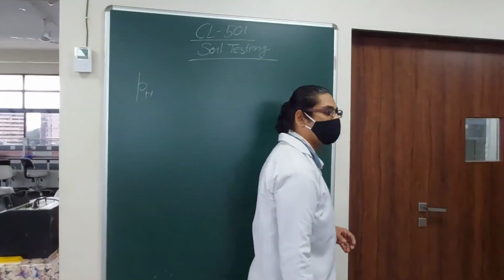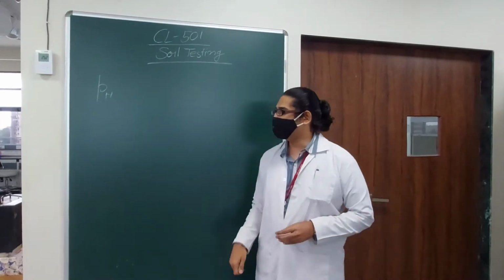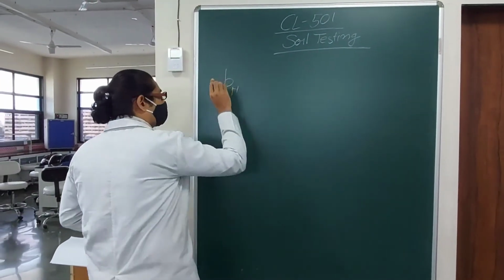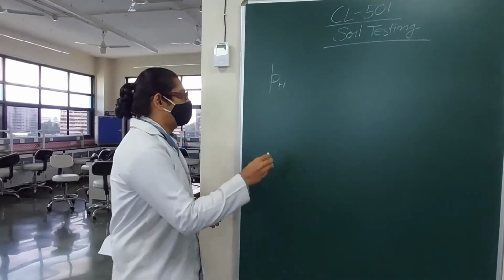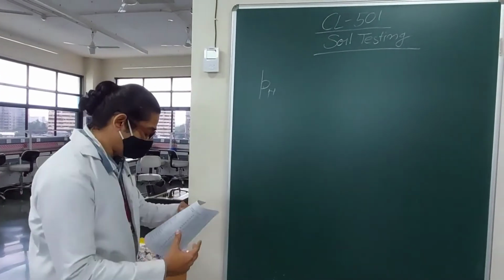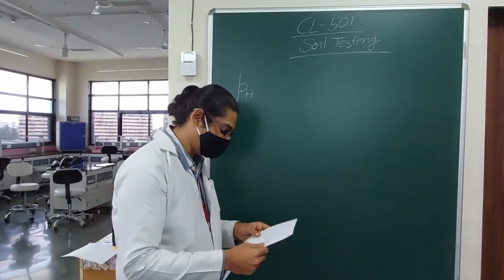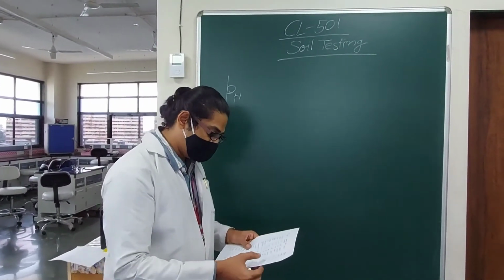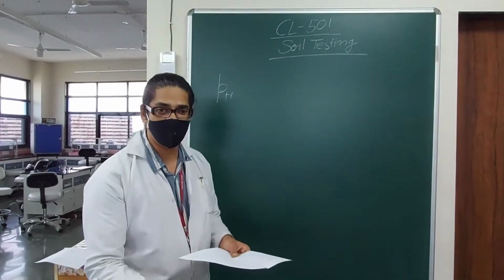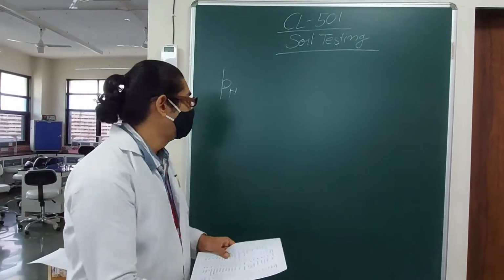Now pH is going to tell us whether a soil is good for a particular crop. What do I mean? I have some values written which I just got from the internet. For instance, pumpkin likes a pH between 5.5 and 6.5, slightly acidic.